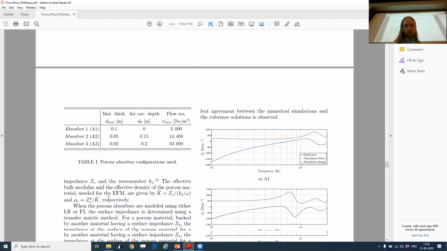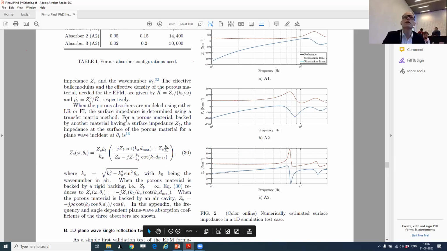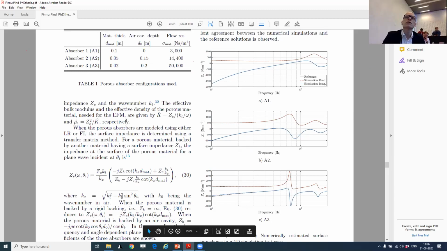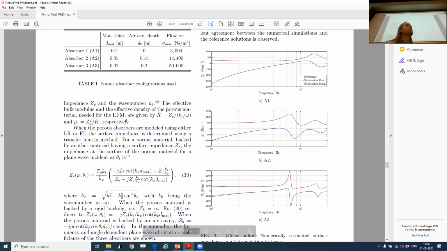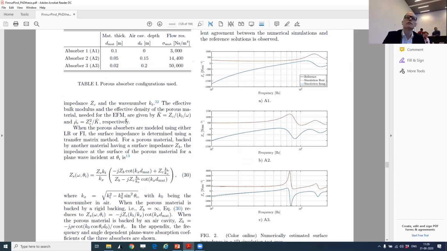These are the real and imaginary parts of the surface impedance, but the imaginary parts are mostly negative. Is that true? Or is this the negative part of the imaginary?